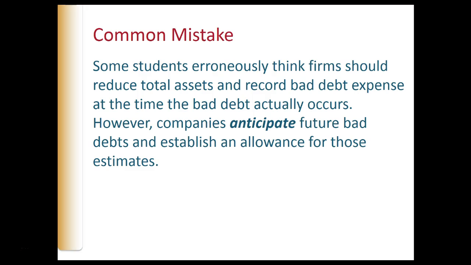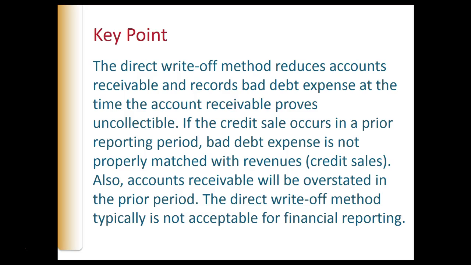Companies anticipate future bad debts and establish an allowance for those estimates. Note, the direct write-off method reduces accounts receivable and records the bad debt expense at the time the accounts receivable proves uncollectible.